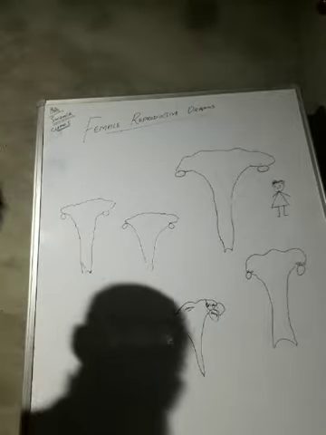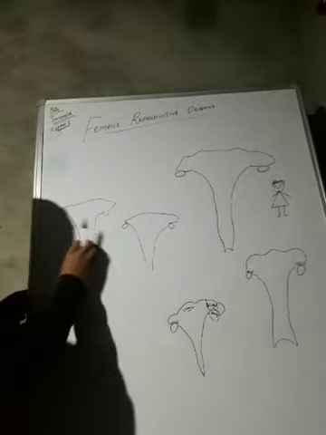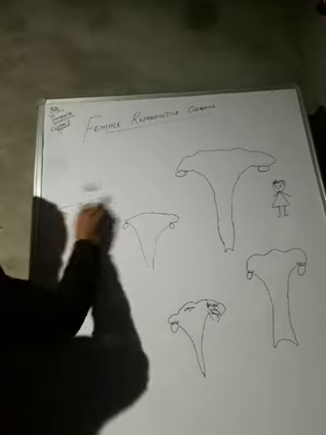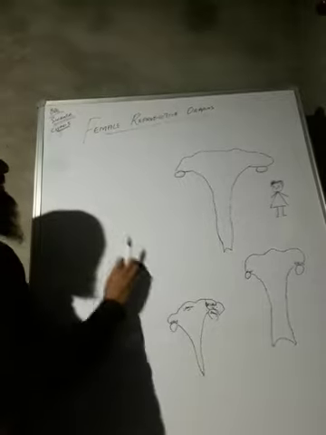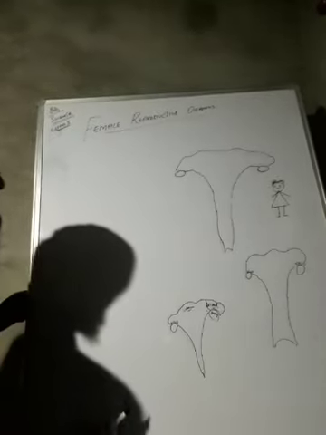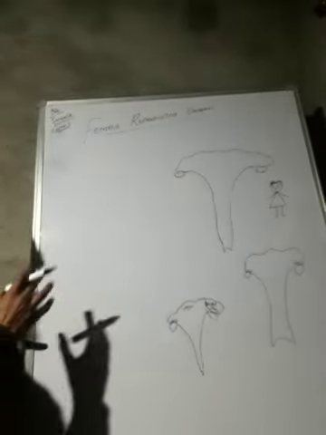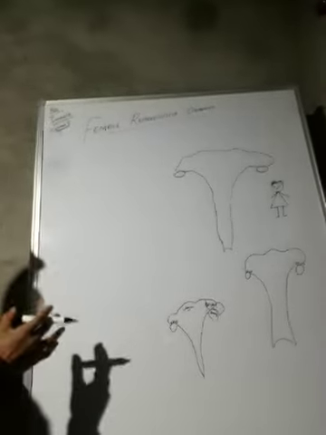So today we will learn how to make the diagram of female reproductive organs. After that, we will learn the names of those organs one by one. After learning the names of the organs, we will also learn the functions of the female reproductive organs.